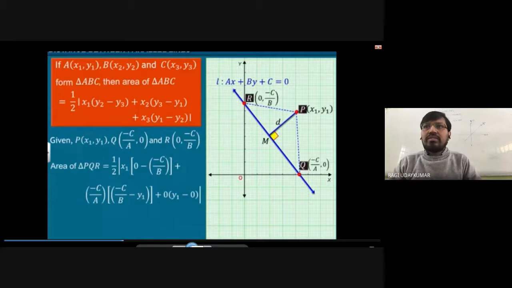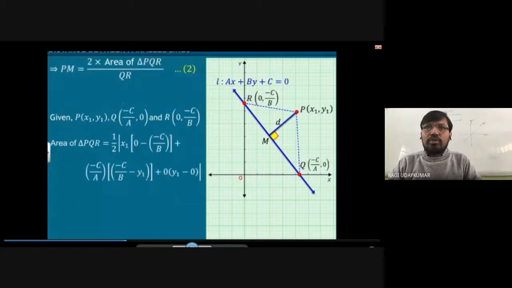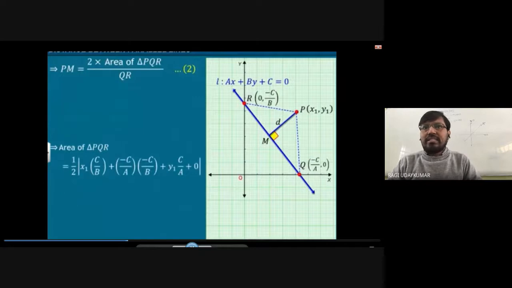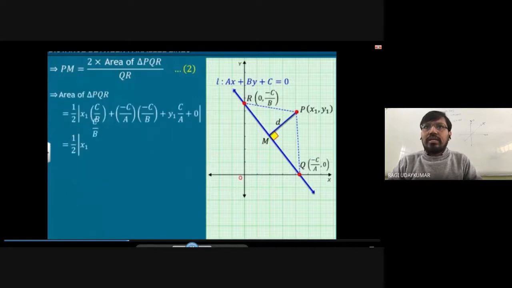On substituting the P, Q, R coordinates in this formula and simplifying, you are going to get the area of the triangle as half into modulus of c/(ab) into (ax1 + by1 + c).